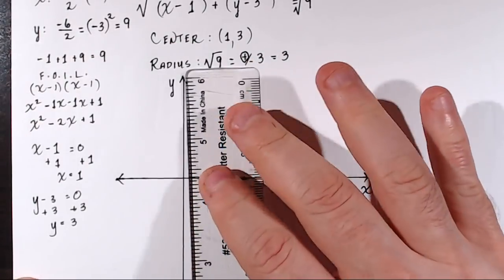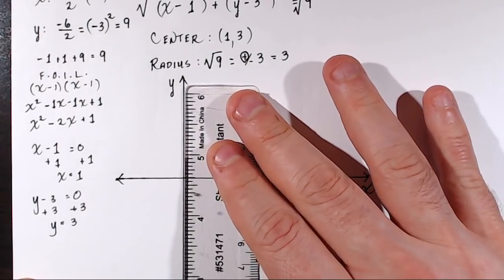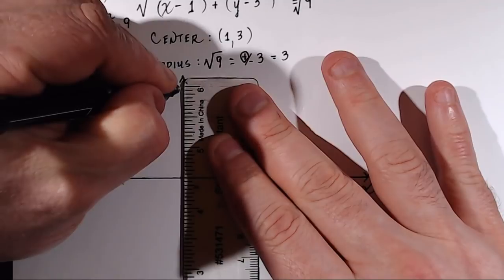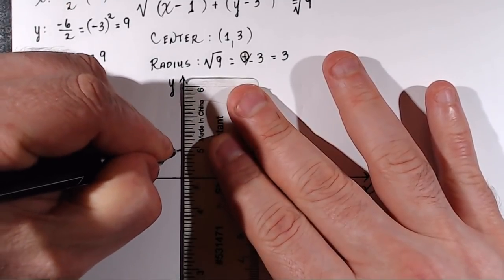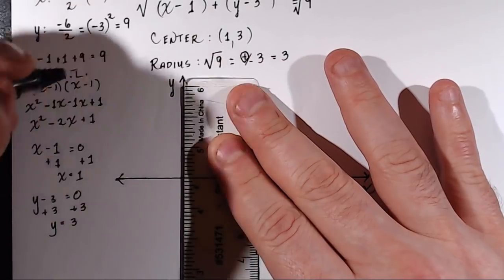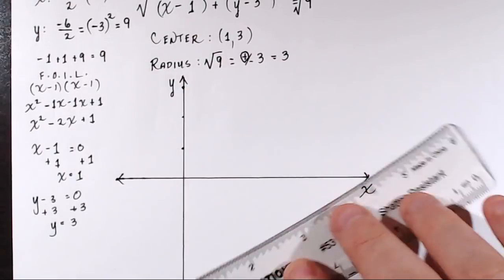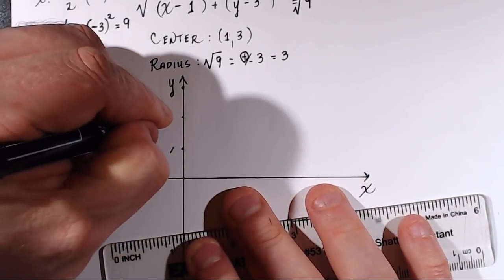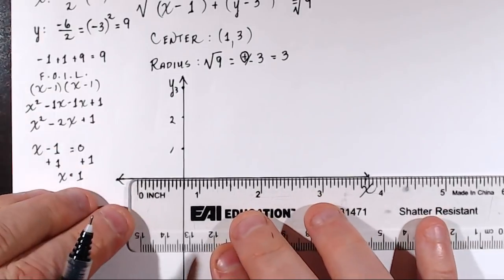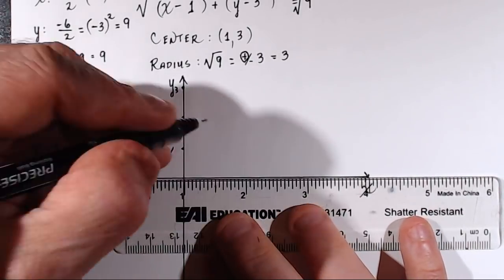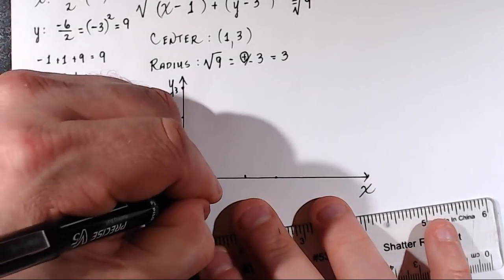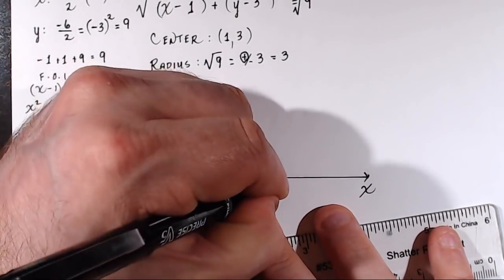Now we'll demarcate our lines every half inch. So this is 1, 2, 3. Okay, this is 1, 2, 3. And then over here, this will be 1, 2, 3. 1, 2, 3.